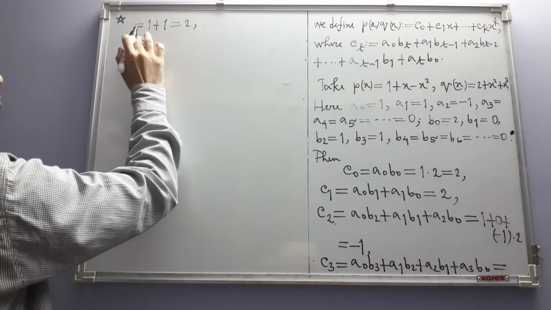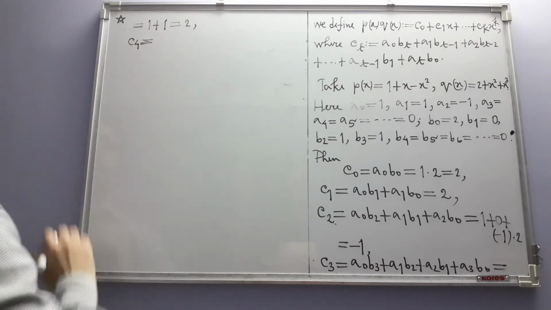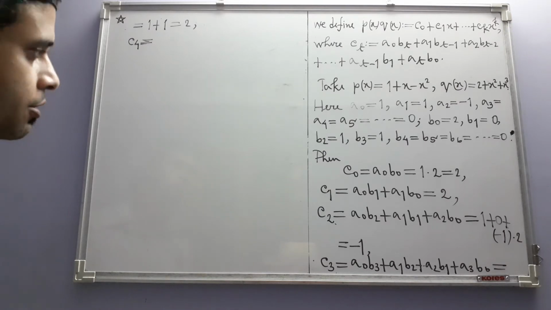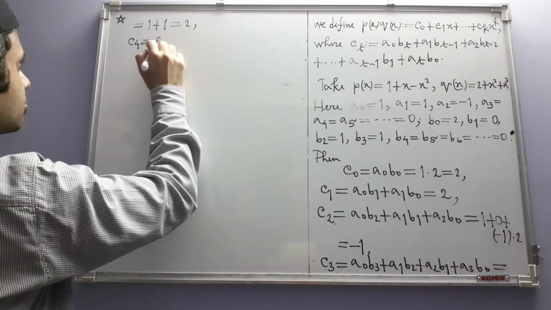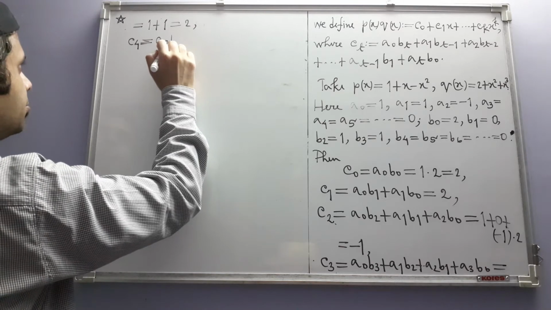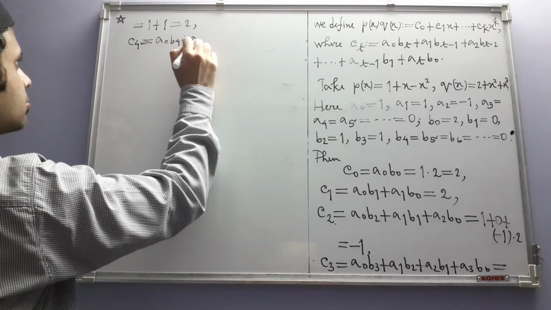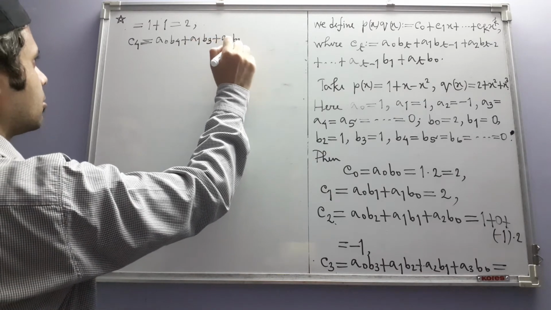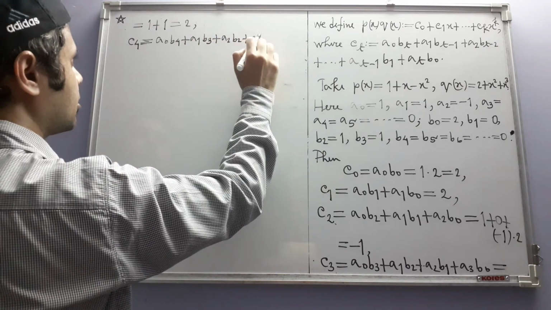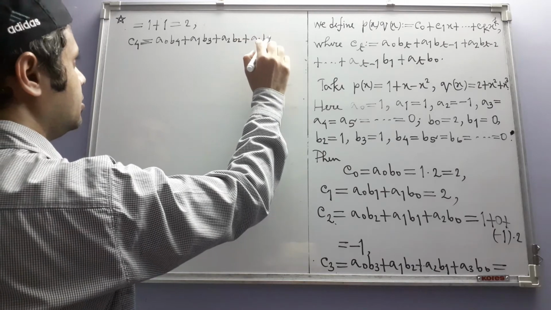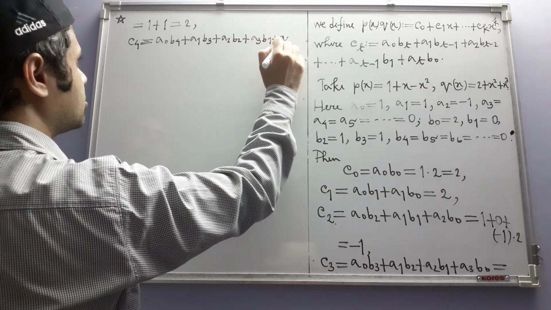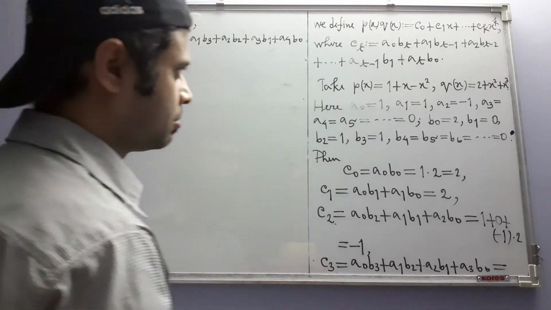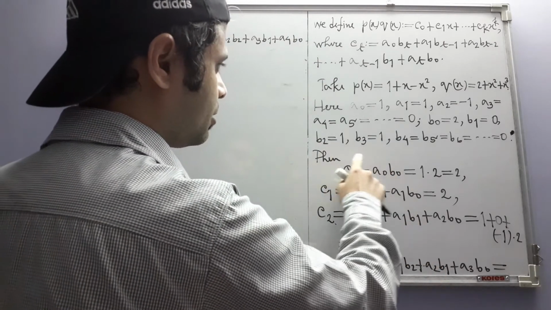And C4, we will continue calculating as long as we are getting non-zero coefficients, non-zero Ci's. A0 B4 plus A1 B3 plus A2 B2 plus A3 B1 plus A4 B0. Okay, A0 B4.